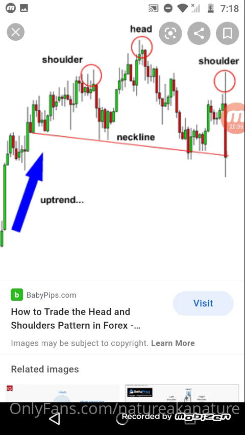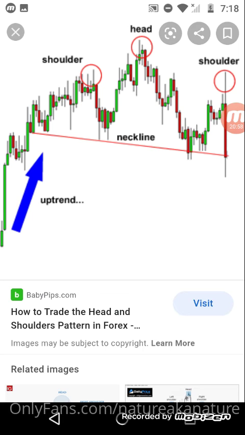All right, so let's dive in a little bit. Actually, let me show y'all before I even dive in, the inverted head and shoulders pattern. You see a head and shoulders candlestick pattern on an uptrend, and it's a bearish reversal pattern, so it's an uptrend reversal pattern.